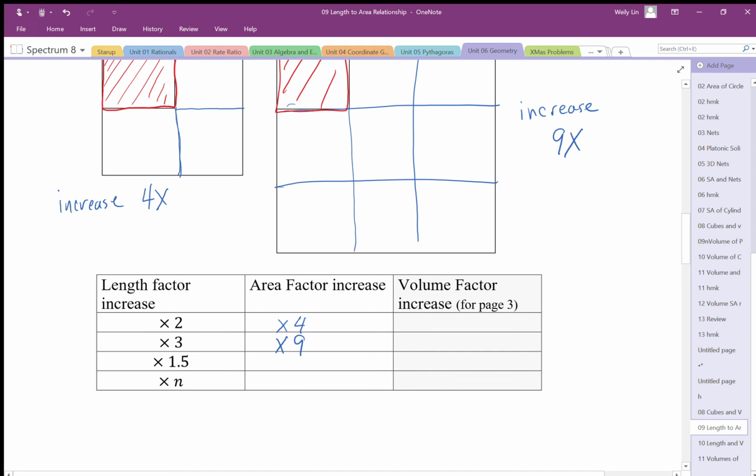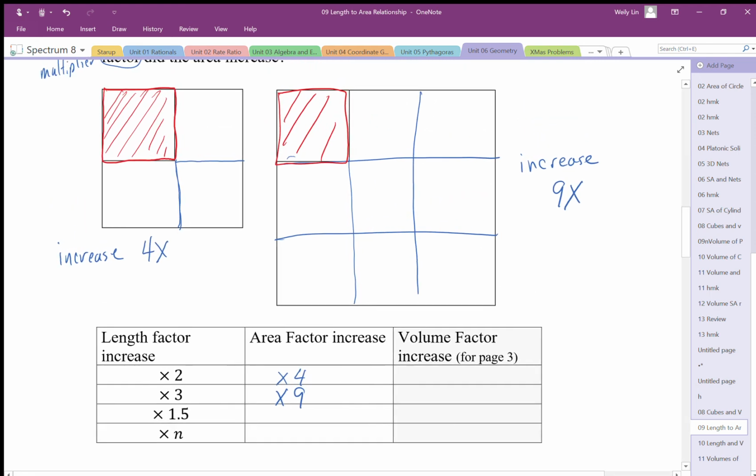Now, I'm going to just stop there. I want you to think, what is the relationship here? Clearly the lengths don't increase the same way as the areas do, but how are they changing? How does the length affect the area, the number of squares?